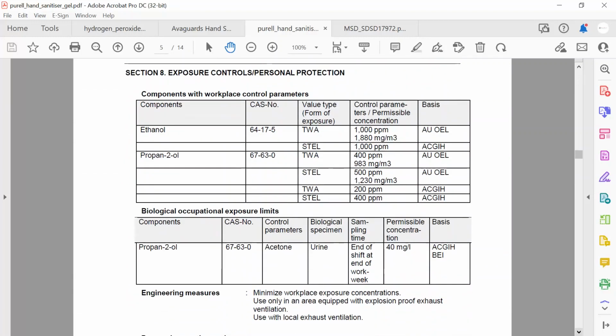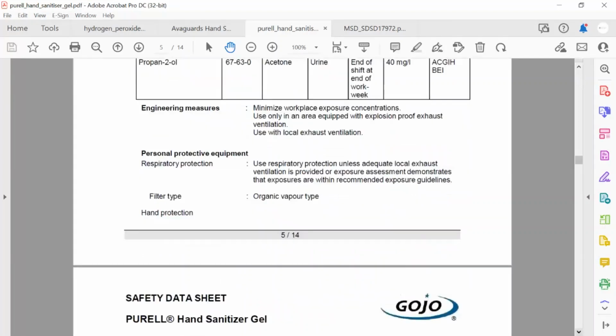So it's got ethanol in it, and it talks about your permissible exposure limits, how much exposure you can have, engineering measures, and respiratory protection. It says use respiratory protection unless adequate local exhaust ventilation is provided or exposure assessment demonstrates that the exposures are within recommended exposure guidelines.